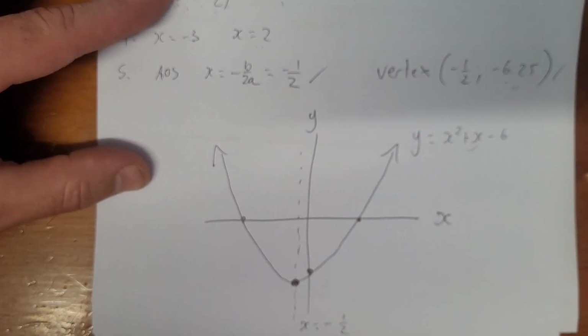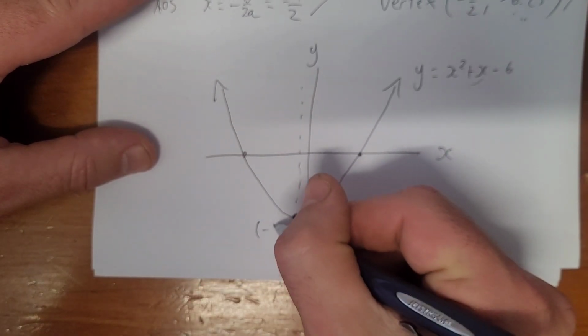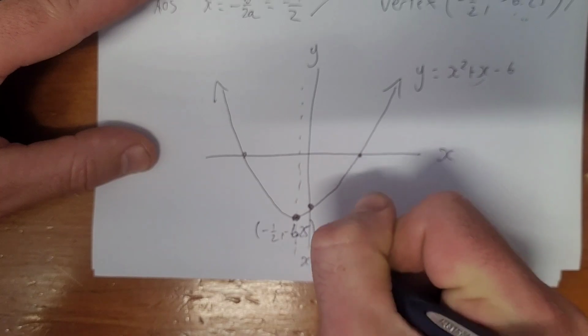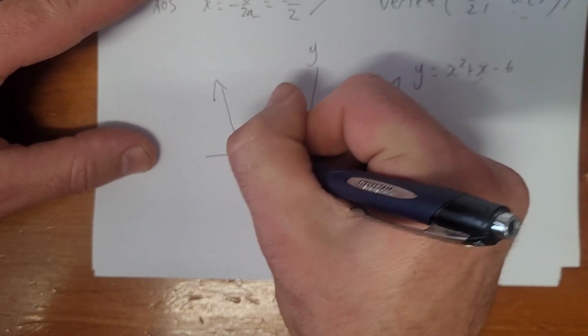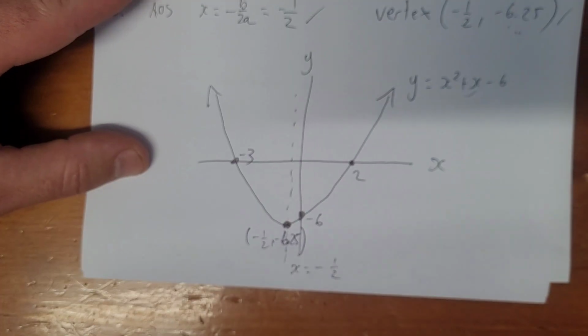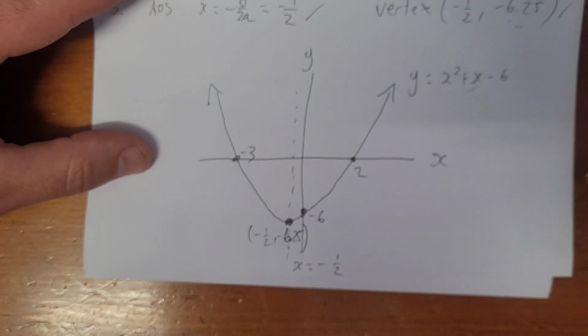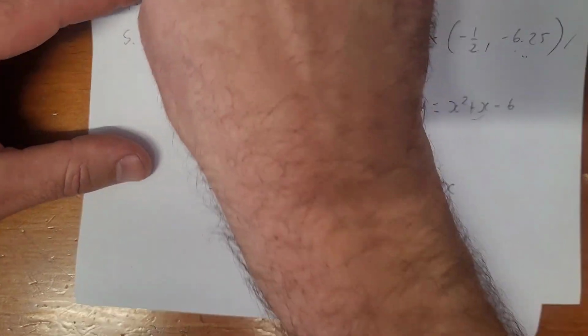We have the coordinates of the vertex is minus half and minus 6.25. We have the y-intercept is minus 6, and we have the roots are x is positive 2 and x is negative 3. And then we've effectively displayed all of the features that we evaluated in the graph there, haven't we? Okay, so that was question A.